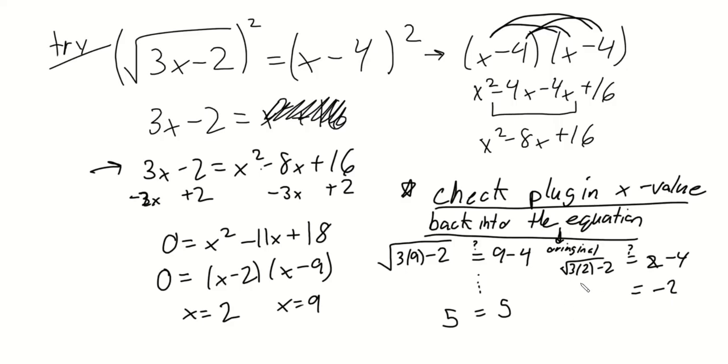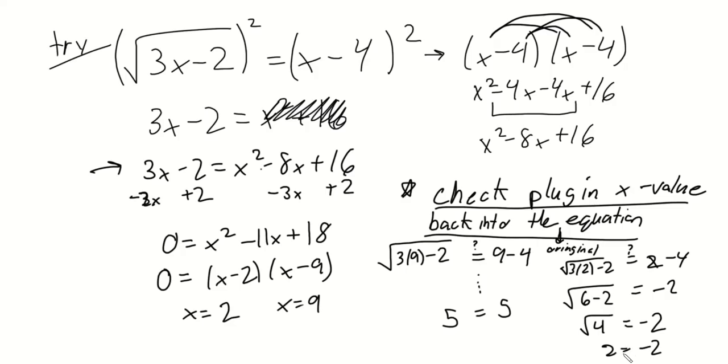We'll go step by step for this one. Okay. Kennedy, what is 3 times 2? 6 minus 2. What does that equal? 4 equals negative 2. What is the square root of 4? 2. Does 2 equal negative 2?